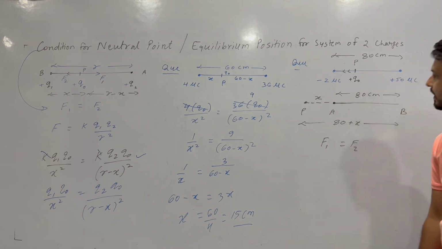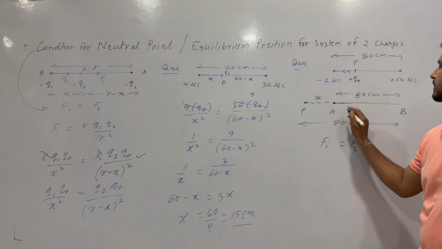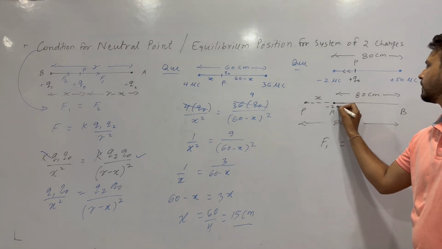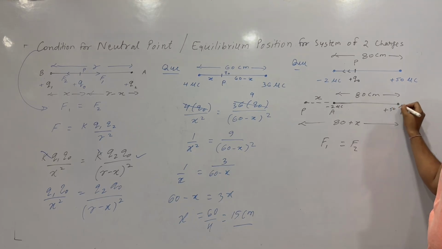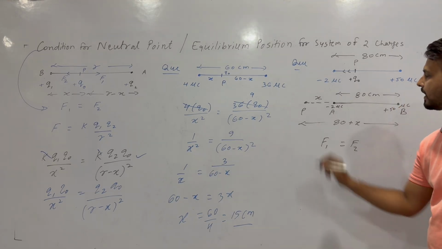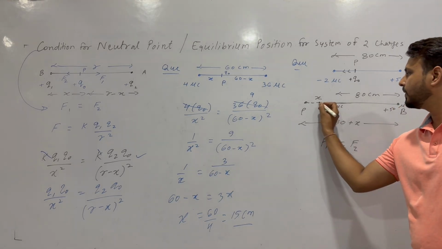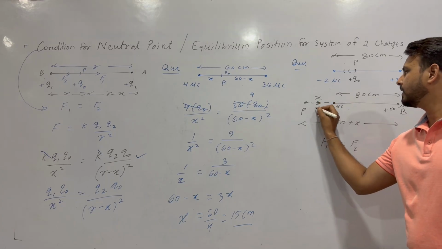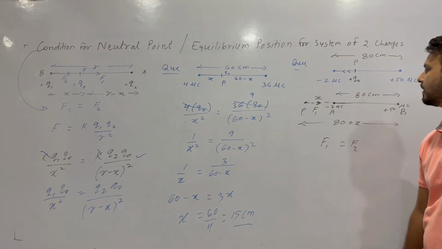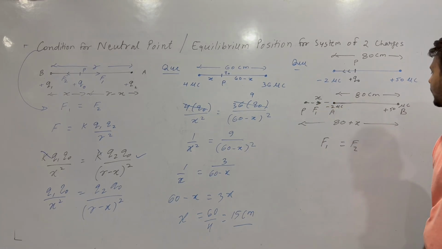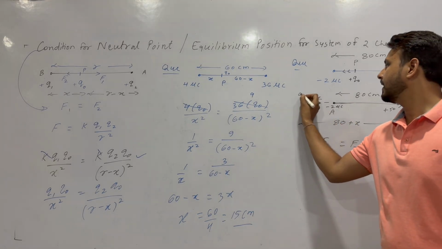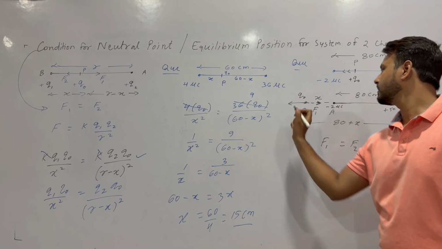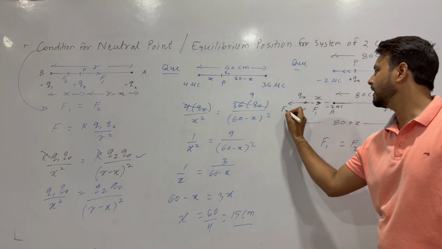What will be the direction of F1 and F2? One will be attracted, let's say this is F1 due to minus 2 microcoulomb, and due to plus 50 microcoulomb, the charged particle at P will get repelled. Let's say this is F2.